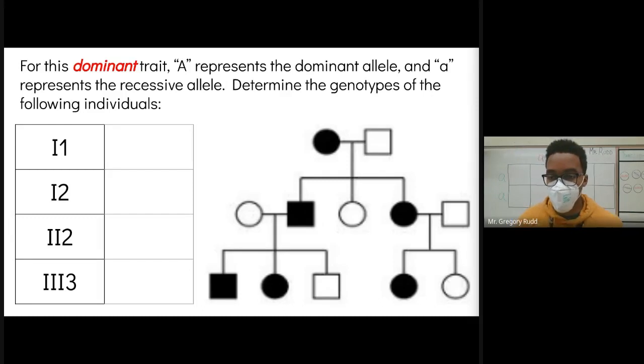And as we just discussed, and as Abigail told us, the mother could be either heterozygous or homozygous dominant. So let's try both Punnett squares and see what we get.